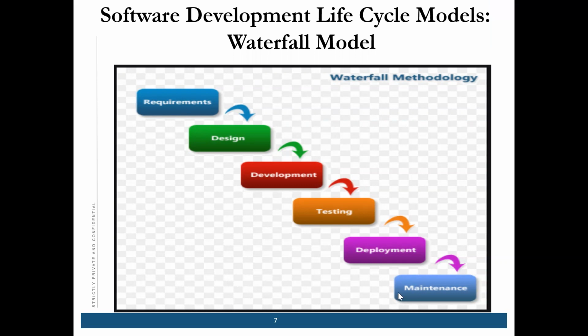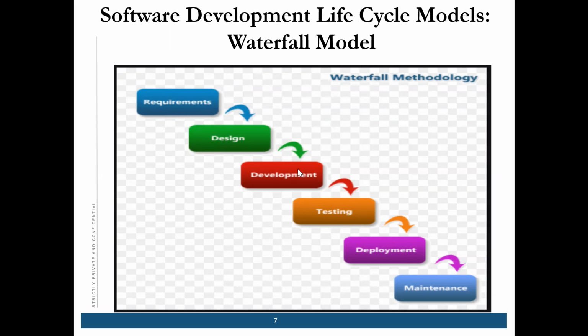So these are all the phases of SDLC, the Software Development Life Cycle. What Ramya has said is, when we are done with a phase and come to the design phase, we cannot go back to the requirement phase because the requirement phase is frozen now. Once this phase is frozen, only then can we go to the design phase.